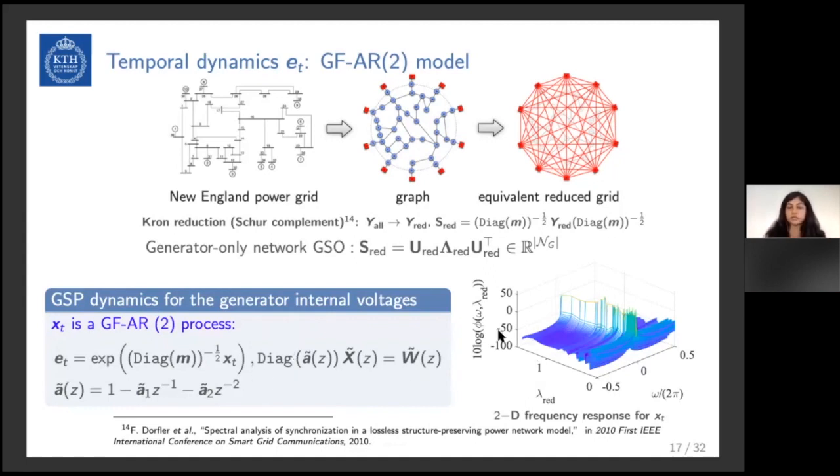What I want to point your attention to is this two-dimensional frequency response for this signal xt, which goes in as the input, which is transformed to give this et, or the generator voltages. So what I plot here is the time-based frequency on the x-axis, and then the graph frequency on the y-axis.